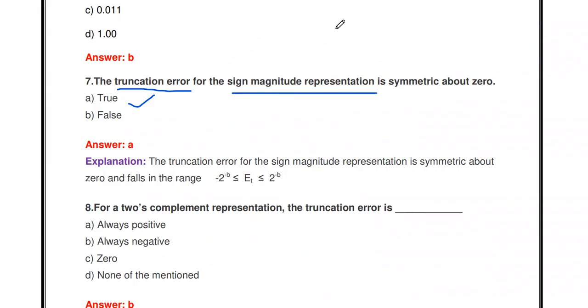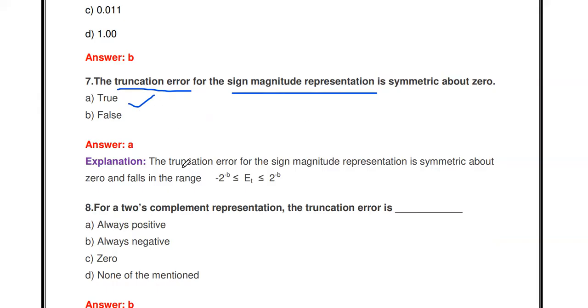In fixed point representation, there are 3 formats: sign magnitude representation, 1's complement and 2's complement. If you are representing the number in sign magnitude representation, then we are performing the quantization process. Truncation means that the truncation error is symmetric about 0. So the statement is true.